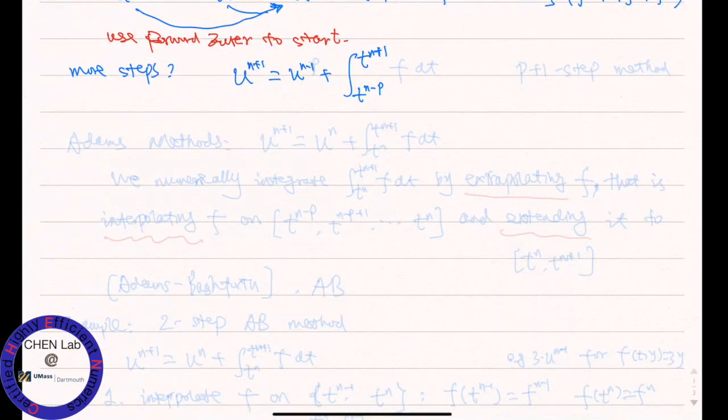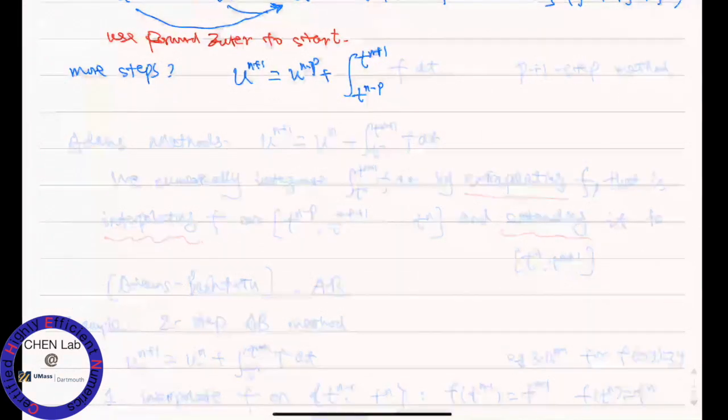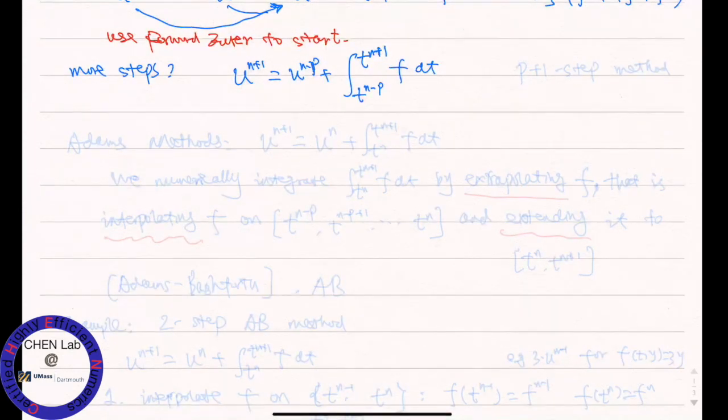U n minus p corresponds to Tn minus p. You integrate from Tn minus p to Tn plus 1 of that f dt. Then this becomes a p plus 1 step method, right? Step p plus 1.